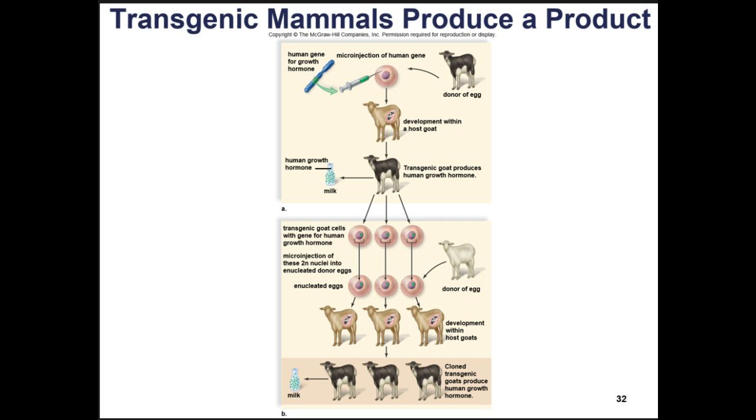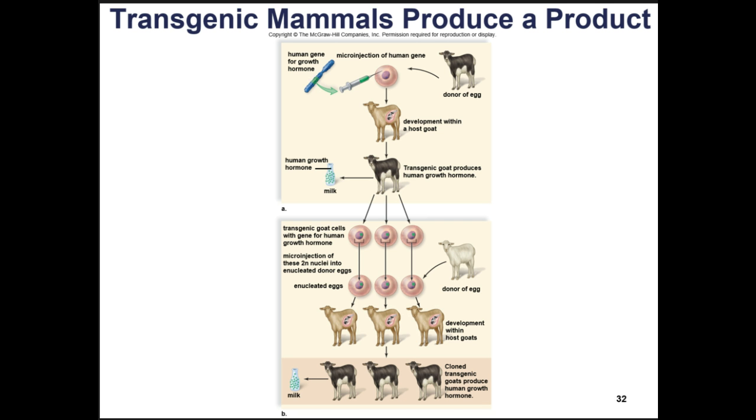In this example, we can use recombinant DNA technology, genetic engineering, along with cloning in order to insert the human insulin gene, or in this case the human growth hormone gene, into a donor egg and have it develop into a baby goat that can produce the growth hormone or the insulin in their milk.